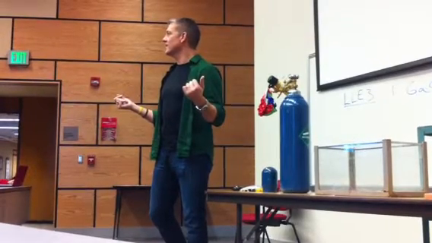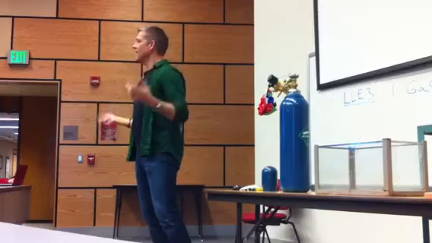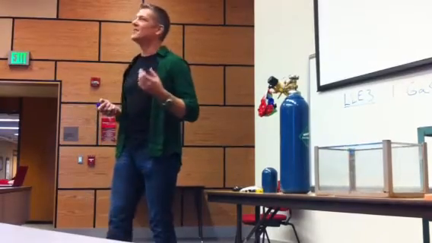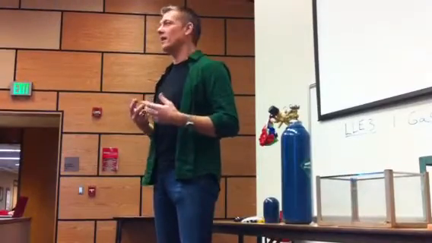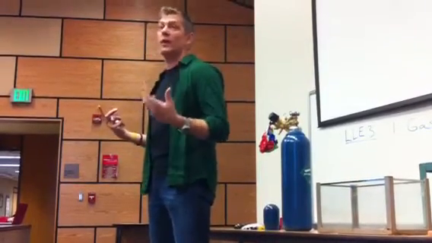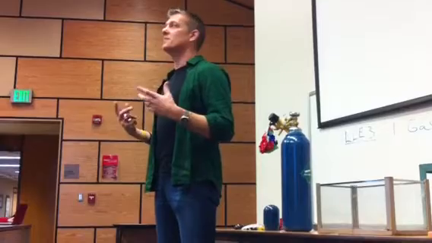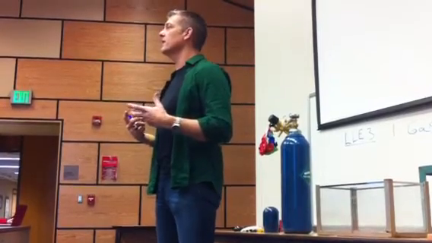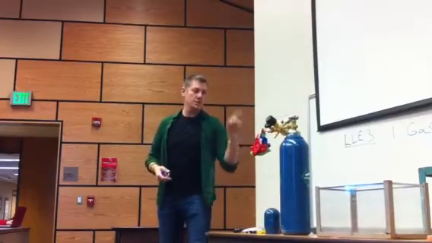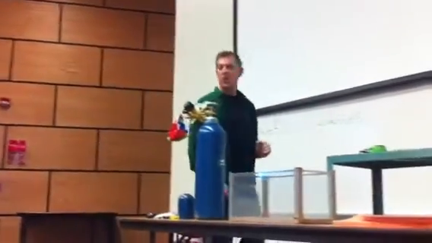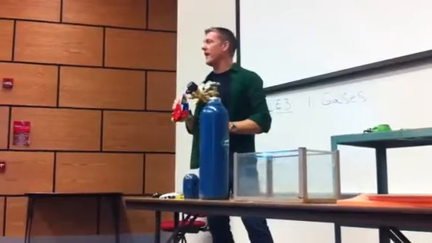I'm going to have to teach you guys how to talk in unison. 6.022 times 10 to the 23rd molecules, or things, right? It doesn't have to deal with molecules. It can deal with paper clips. It'd just be a whole lot of paper clips. But 6.022 times 10 to the 23rd things is a mole of things. All right. So what we're going to do is put a mole of gas molecules in here.